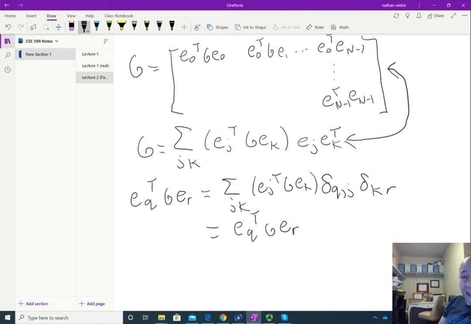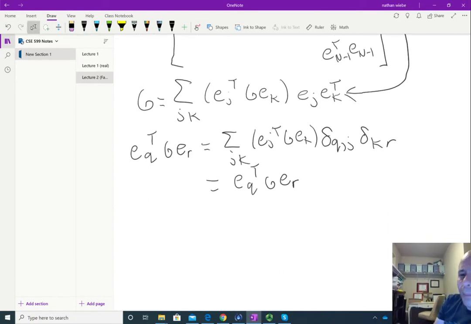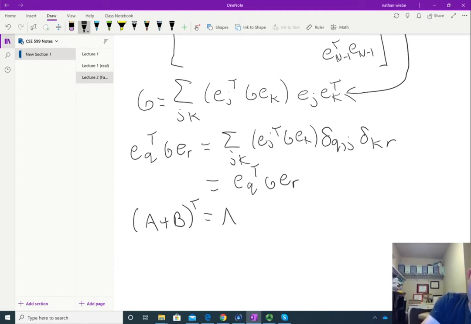Another property, a fun fact for you to remember, is just a few properties of the transpose operator. If you've got any two matrices, A plus B, and we transpose the sum of them, that's actually equal to the sum of the transposes.